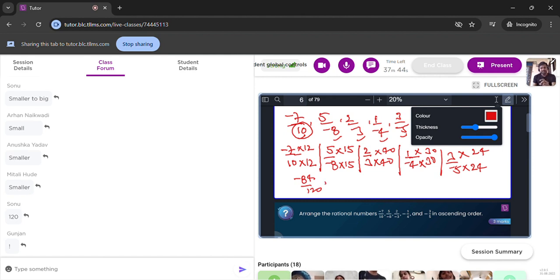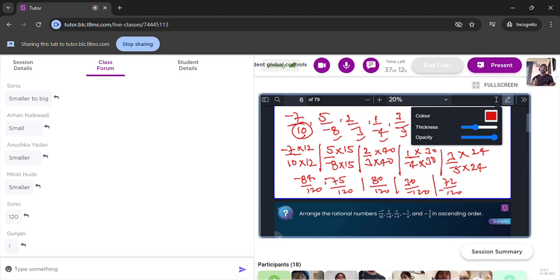In a similar way, minus 75 divided by 120. Okay, and now this one is minus 80 divided by 120, and then minus 30 divided by 120, and then minus 72 divided by 120.